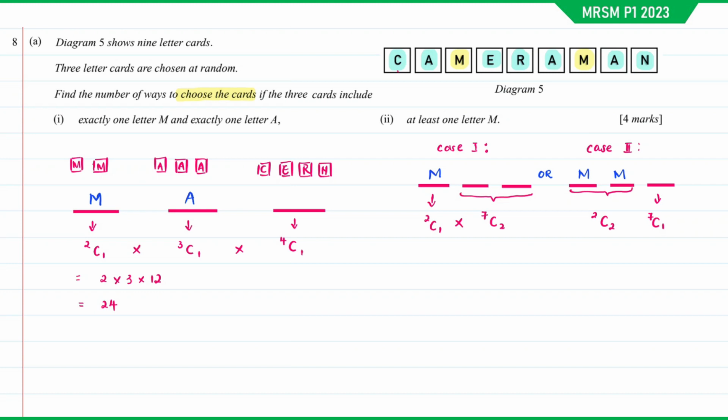To find the number of ways for case number 2, we multiply these. To find the total number of ways, we add the number of ways for case 1 and case 2. So this is equal to 2 times 21 plus 1 times 7, which is 42 plus 7, which is 49.